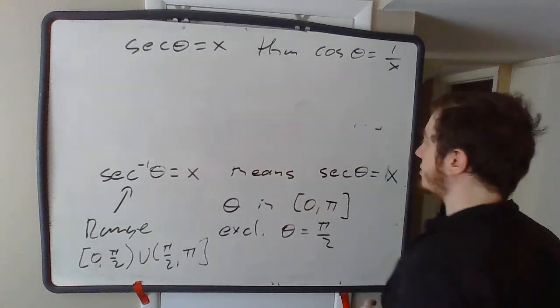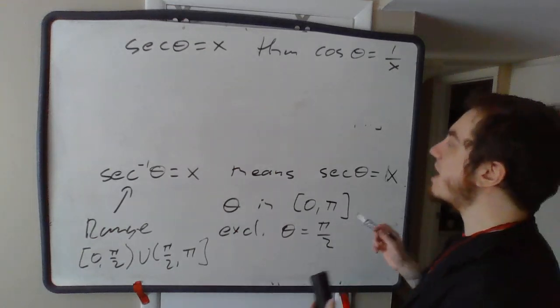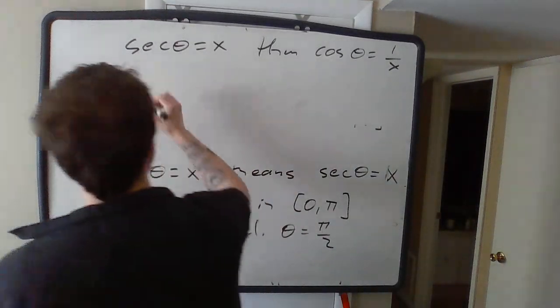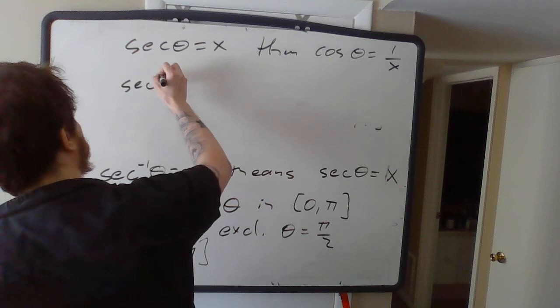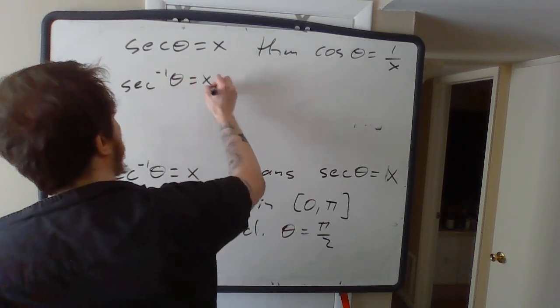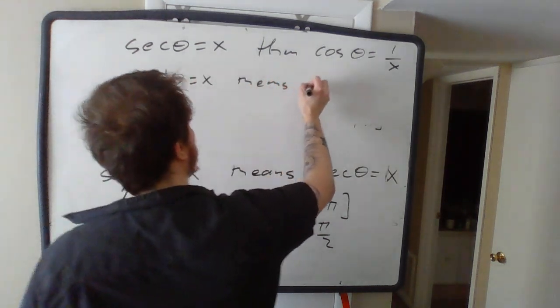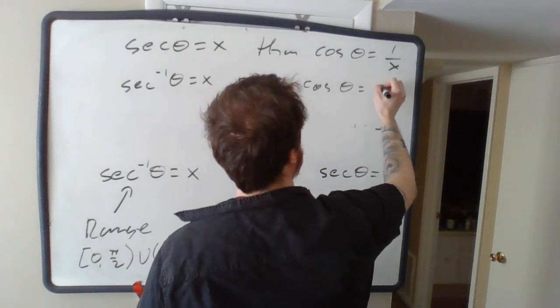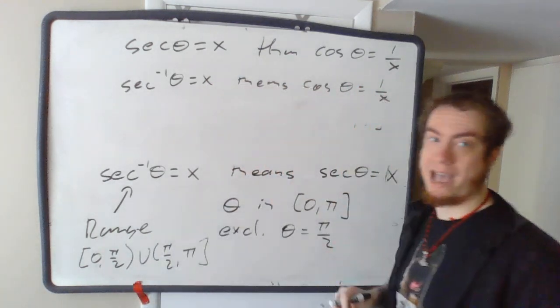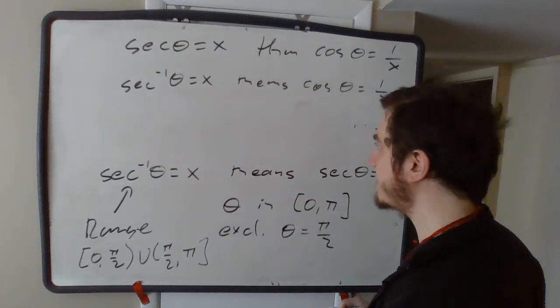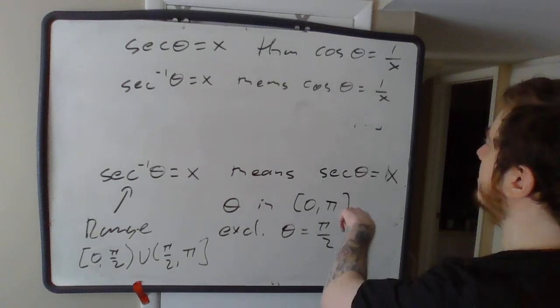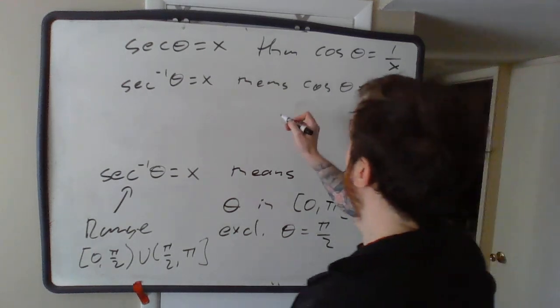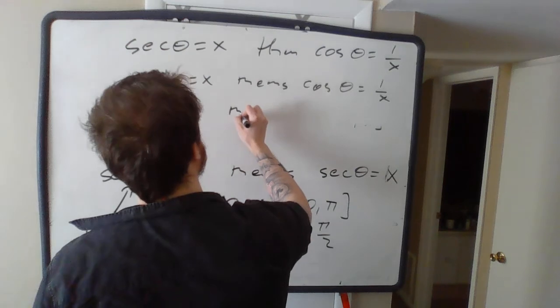So these two things are equivalent. That means another way of thinking about this is that to say that secant inverse theta equals x means the cosine of theta is equal to 1 over x. And this gives us a kind of an interesting thing that we can do here.